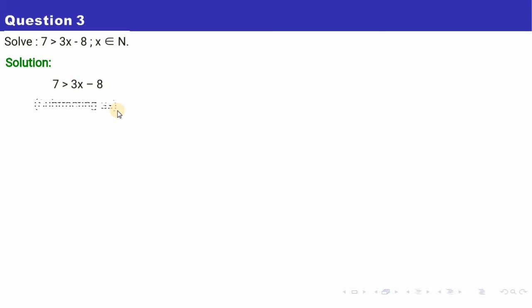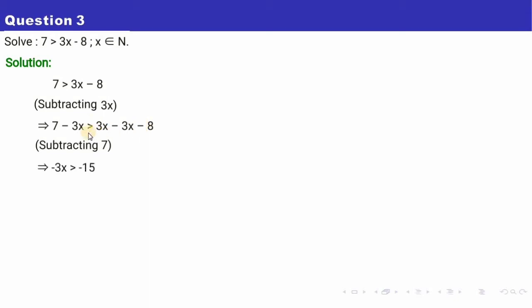So subtracting 3x on both sides, we get 7 minus 3x is greater than, here we have 3x minus 3x, introduced because we have subtracted, and we have minus 8. The 3x and 3x get cancelled, so we have 7 minus 3x is greater than minus 8.